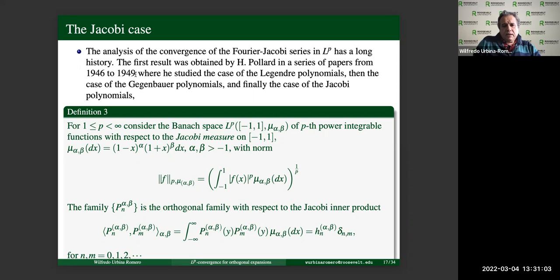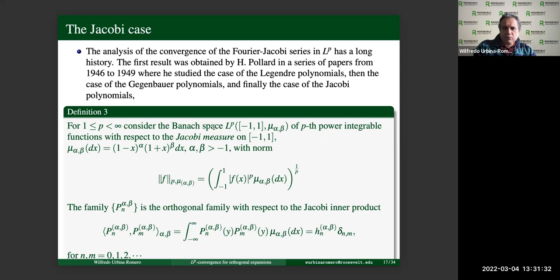He studied first the Legendre case, which is between -1 and 1 with dx, the Lebesgue measure, no weight. And then he studied the Gegenbauer polynomials, and finally he studied in full generality the Jacobi polynomials. Actually, he got even further than Jacobi polynomials, but we don't want to go up to that point.